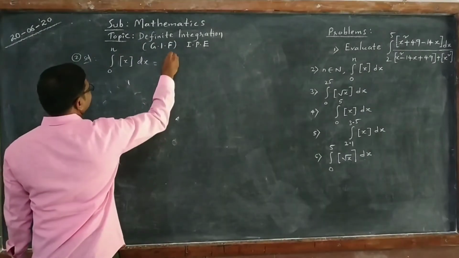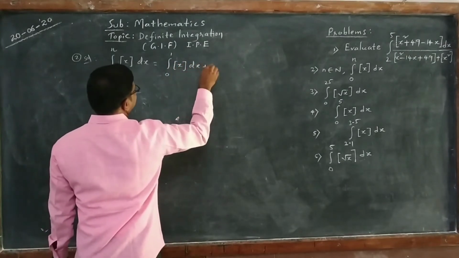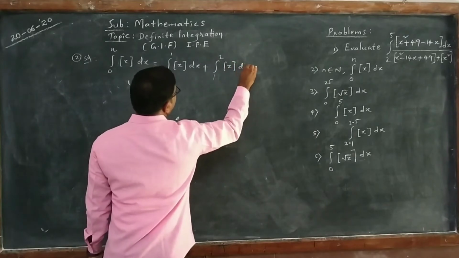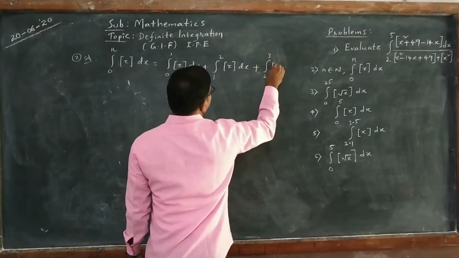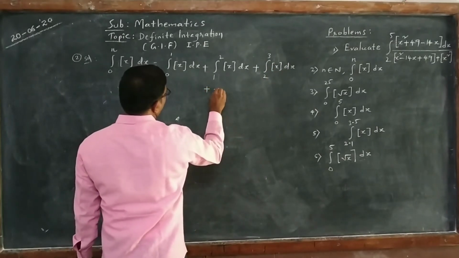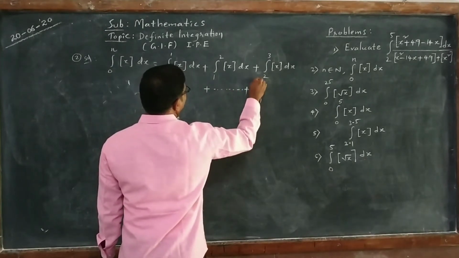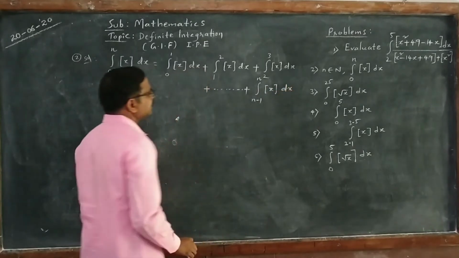Integral 0 to 1 of [x] dx plus 1 to 2 of [x] dx plus 2 to 3 of [x] dx, and so on, plus n minus 1 to n of [x] dx.